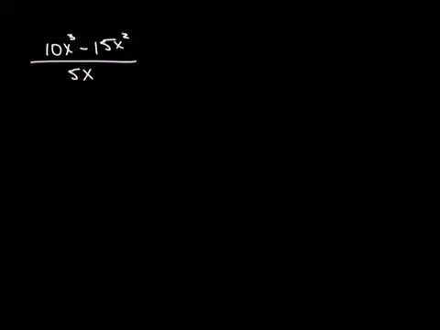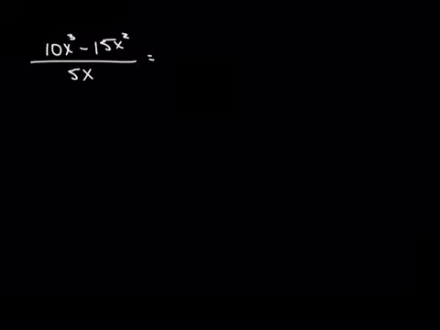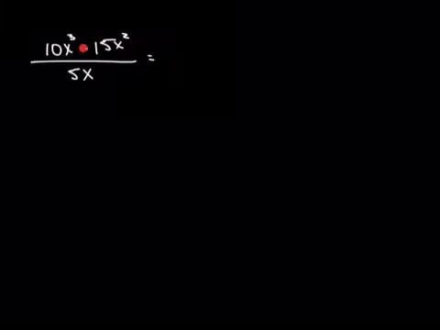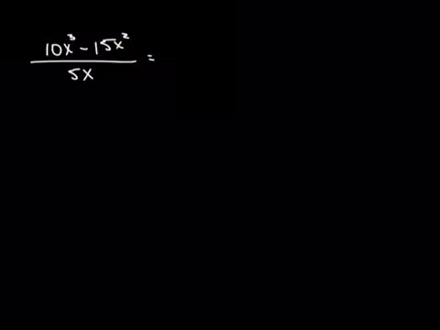And so let's look at the way I've always found it easier. When you have two parts to a numerator, meaning separated by a plus or a minus sign, two terms here, and the whole thing is over 5x, I split each one up. So I write this over 5x minus this over 5x.